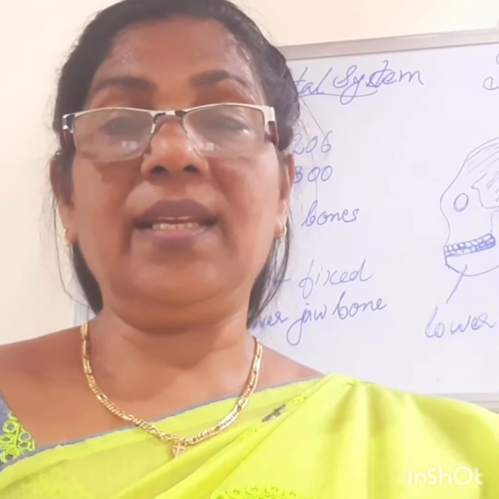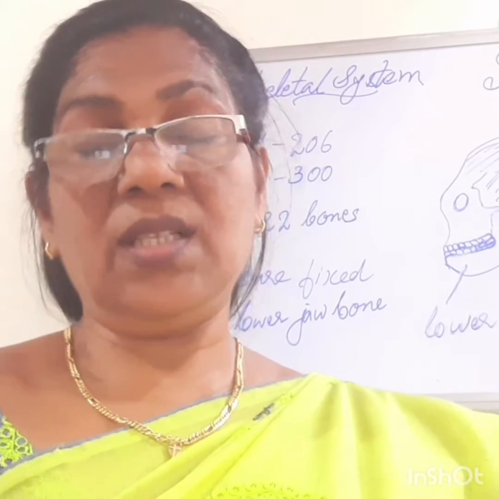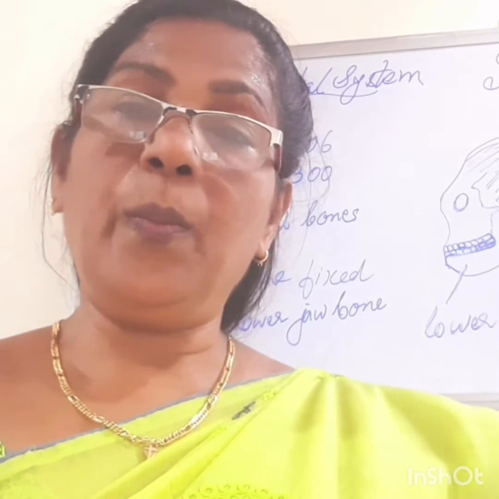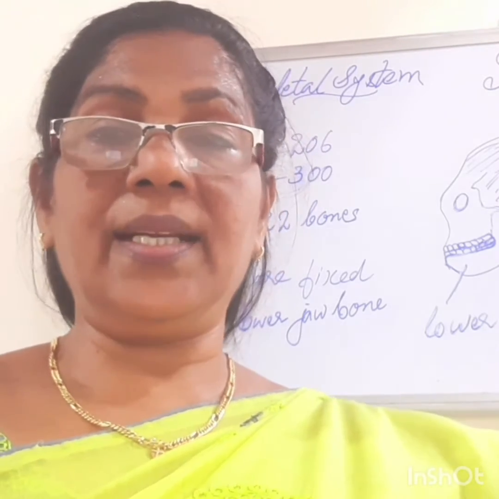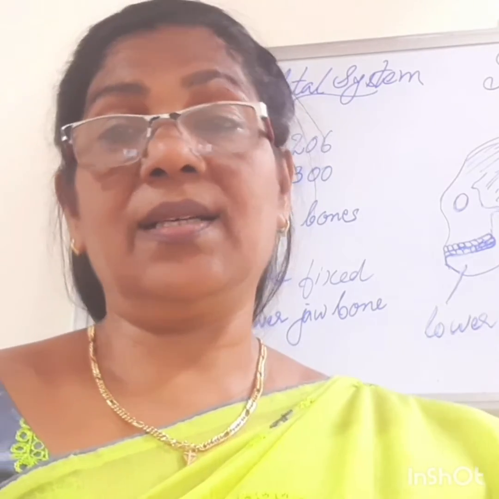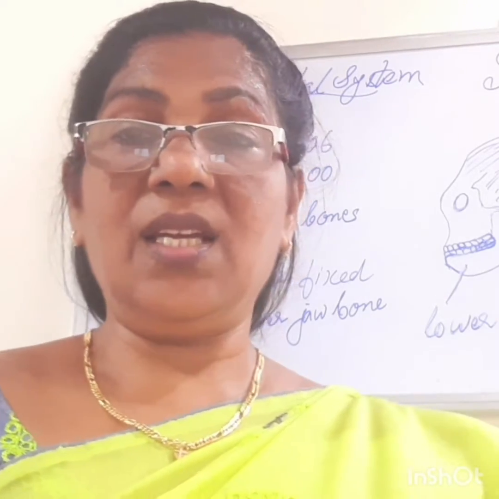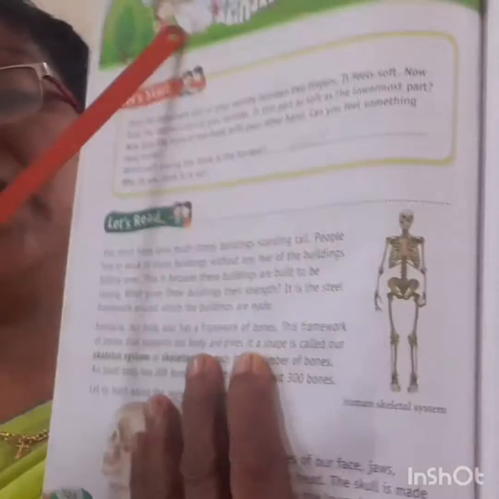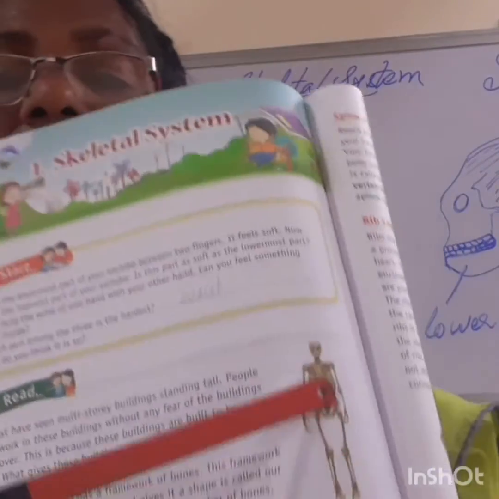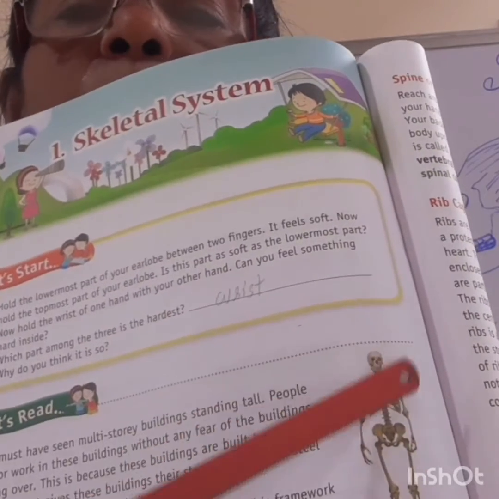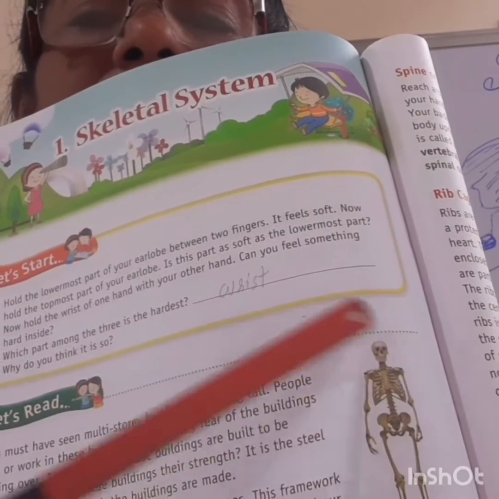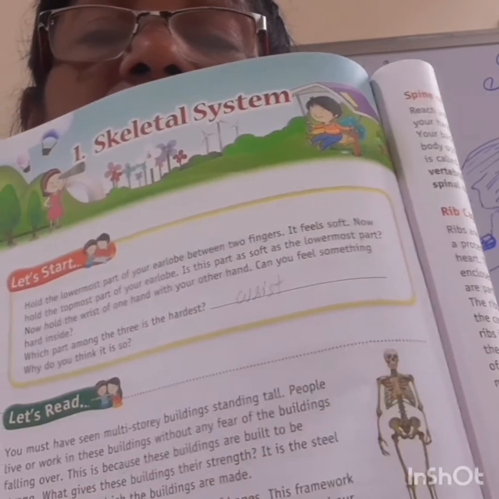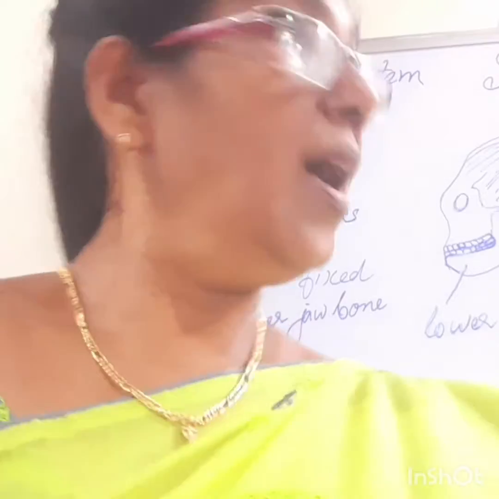Now, in detail we will discuss the skeletal system. The topmost part of our skeleton is called the skull. If you look at the picture, this is the skeleton, and the topmost part of the skeleton, the head, is made out of this structure known as the skull.